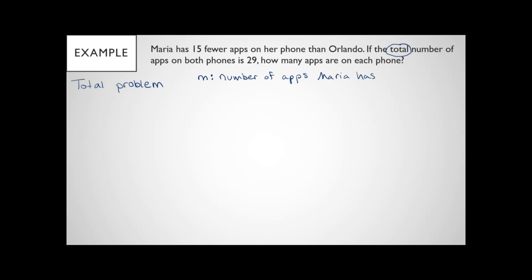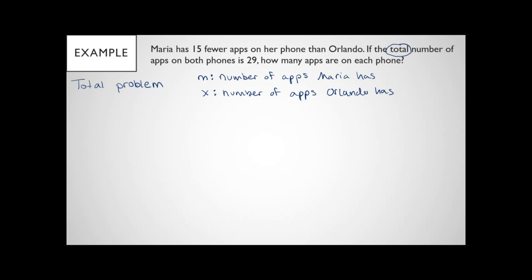Now for Orlando, picking O would be confusing because it would look like a 0. So maybe I'll just pick X, just some random variable. So the number of apps Orlando has. I don't really have any pictures to draw in this case. Total problems, you generally don't have pictures like you would in a geometry problem.